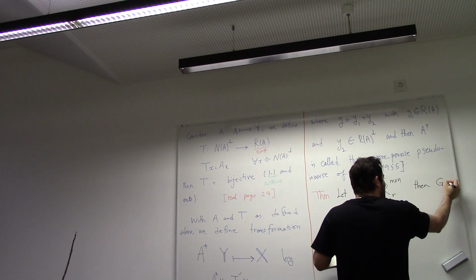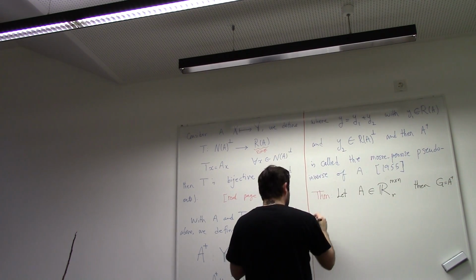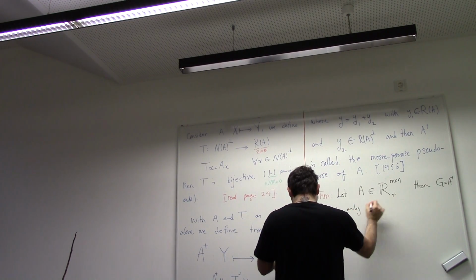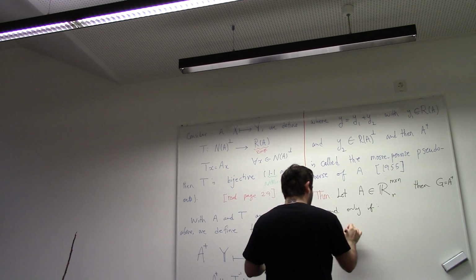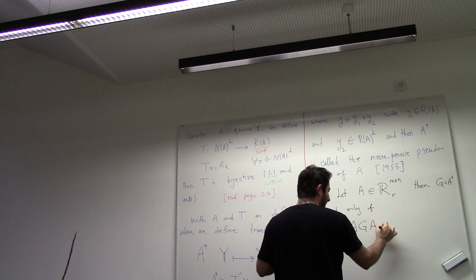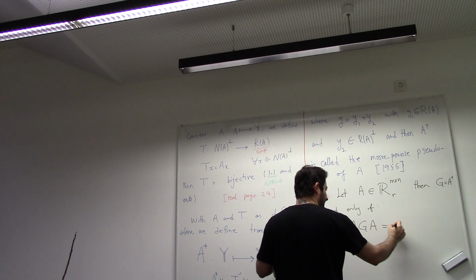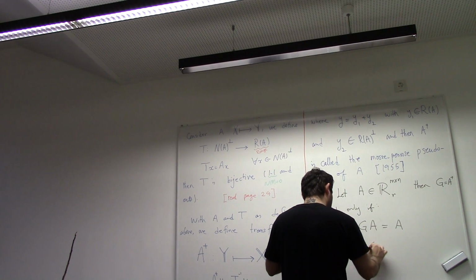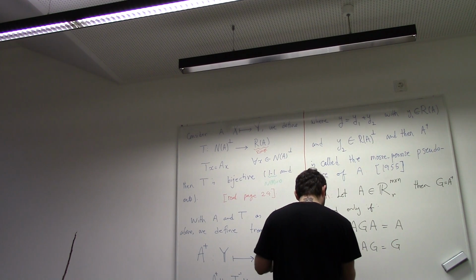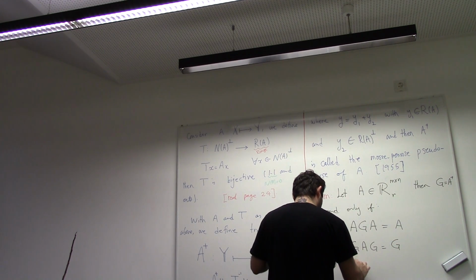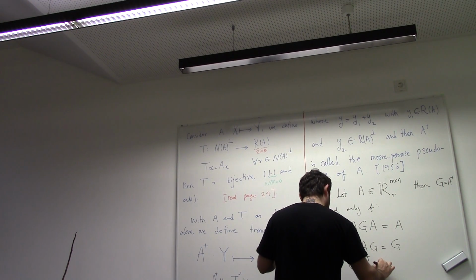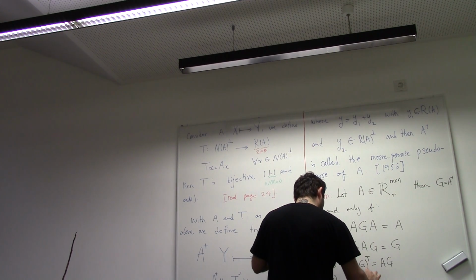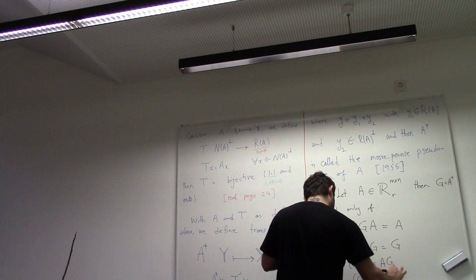Then G is the pseudo-inverse of A, that is A plus, if and only if P1: AGA is equal to A; P2: GAG is equal to G; P3: (AG) transpose is equal to AG; P4: (GA) transpose is equal to GA.